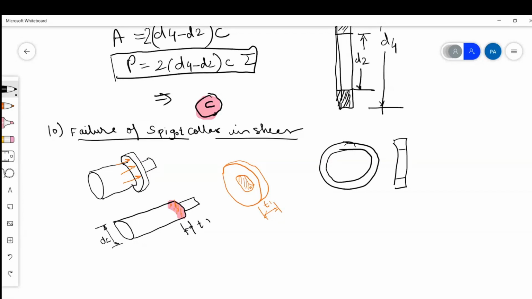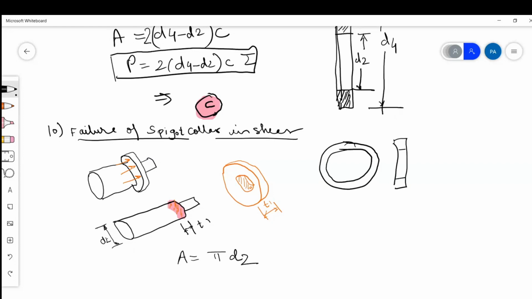You can pay attention here, it has failed from the periphery. What is the area of periphery of one plane? Pi d, that is called the circumference. Since the diameter is d2 instead of d, I will write it as pi d2. So pi d2 is one circumference.